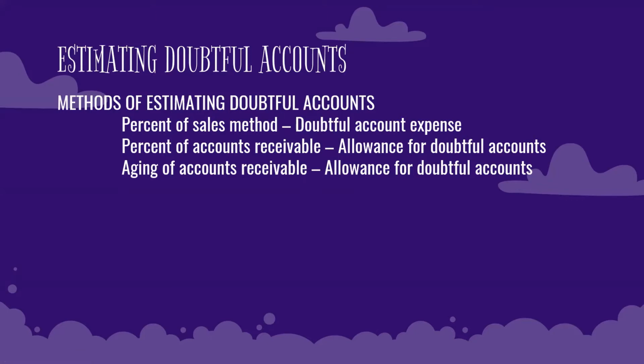Say, for example, you have 100,000 AR, and if the method of estimating doubtful accounts is percent of accounts receivable, we say 10% of the AR balance would be doubtful. In that case, you have to recognize it as allowance for doubtful accounts. Now, the third method is the aging of accounts receivable.